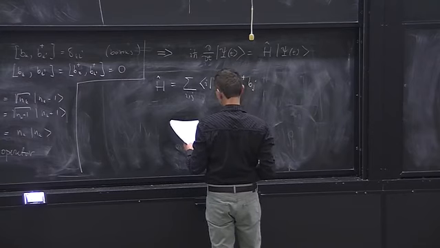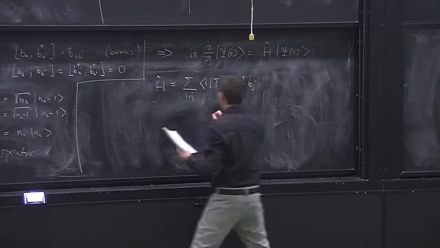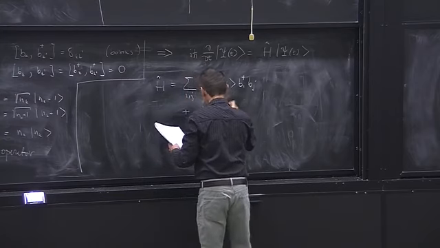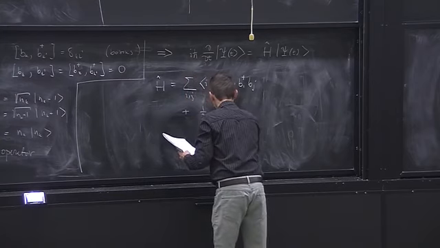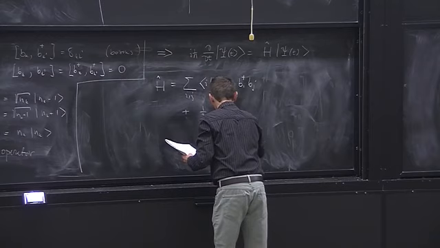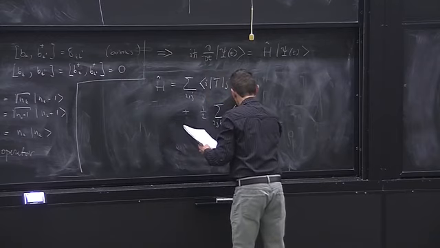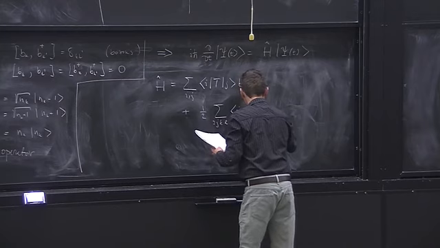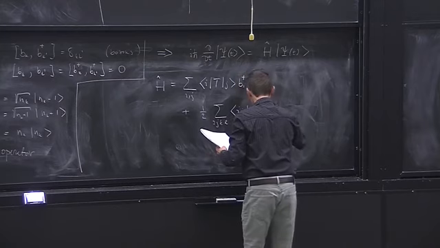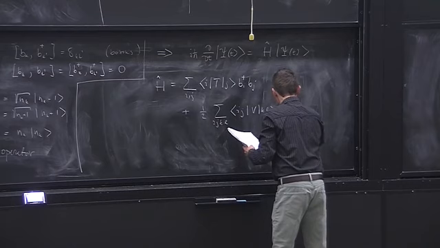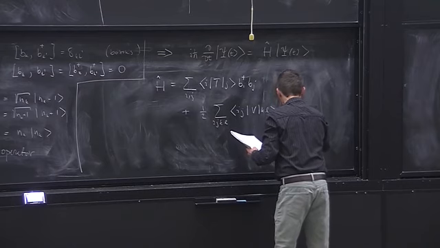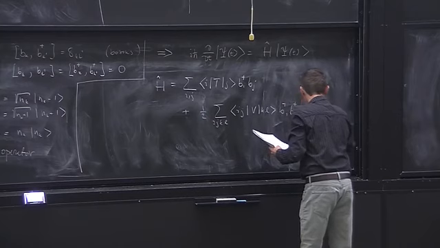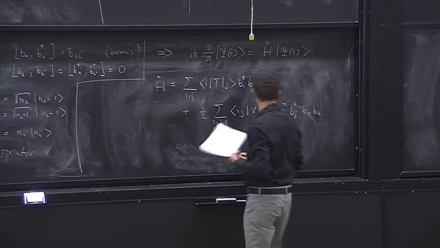So this is the kinetic energy term, and then I have the potential energy term that looks like this: sum over i, j, k, l, of i j V k l, b dagger i, b dagger j, bl, bk.